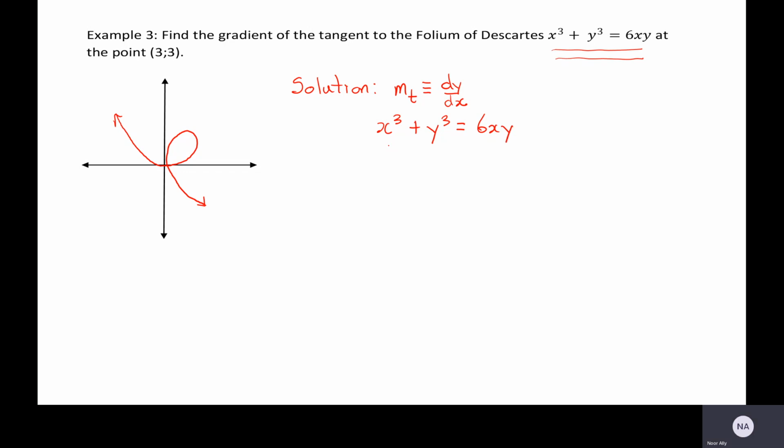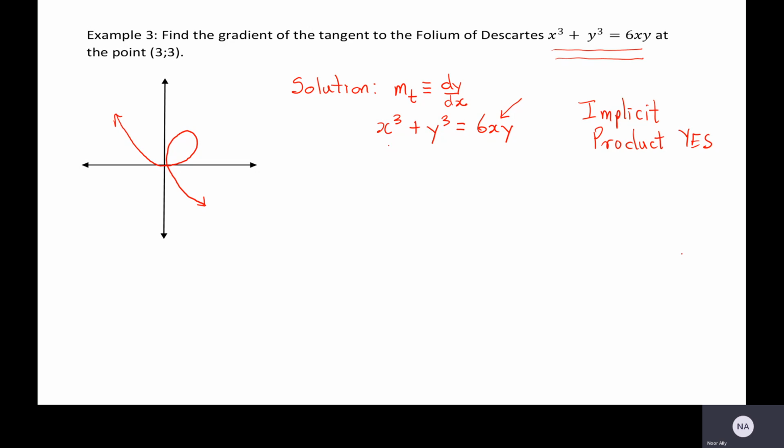Very difficult to make y the subject of the formula. What do I use? Implicit. What do I look for? First, a product. Do you see a product? Yes, you do. x times y. So yes, we do have the product.